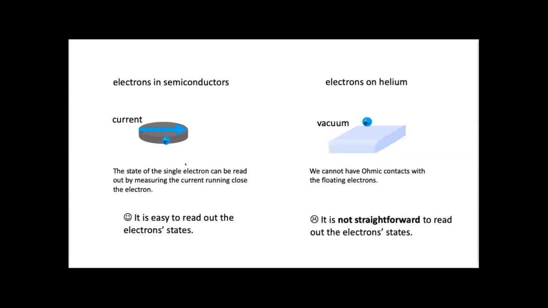But we cannot do the same thing for electrons on helium because the electron floats in vacuum, and we cannot have an ohmic contact to the floating electrons. So that is the problem of electrons on helium, I think.